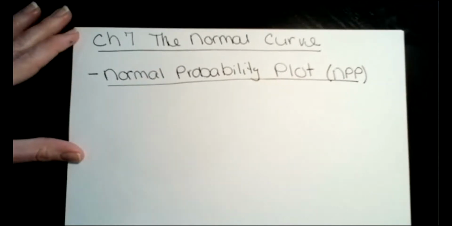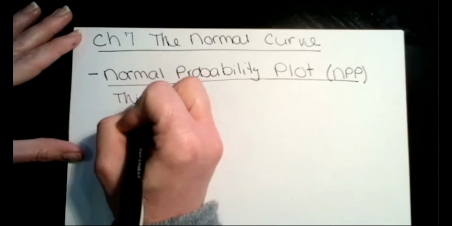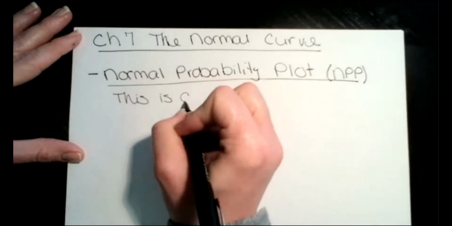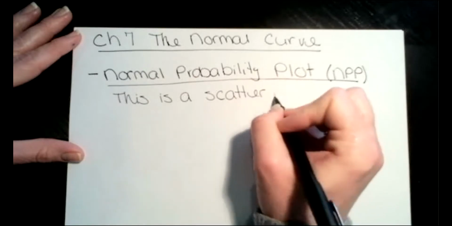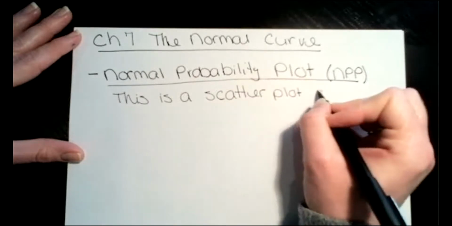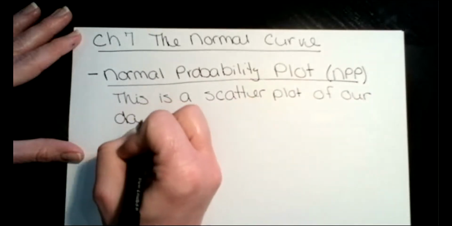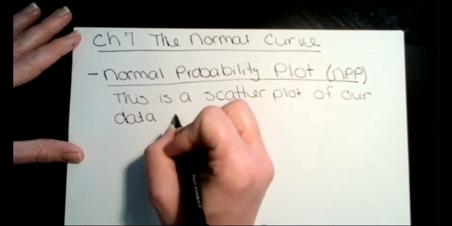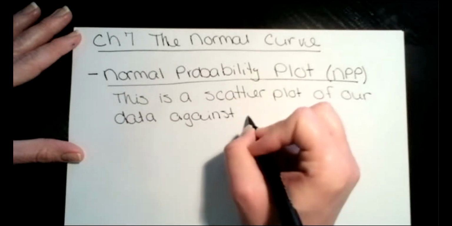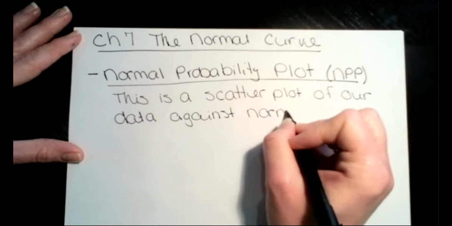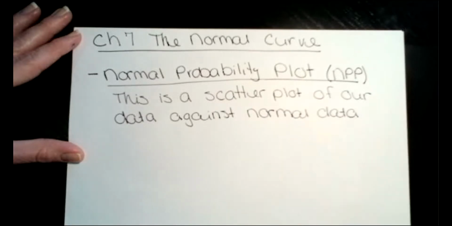And what this plot is, so this is a graph. This is a scatter plot of our data against what we would consider normal data. So normally distributed data, okay?